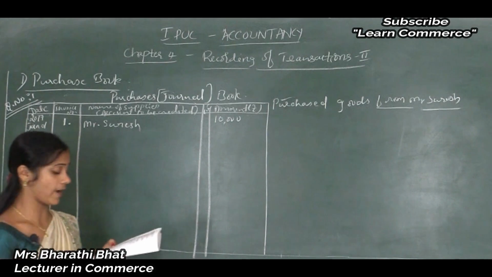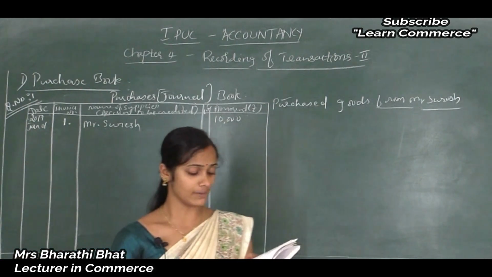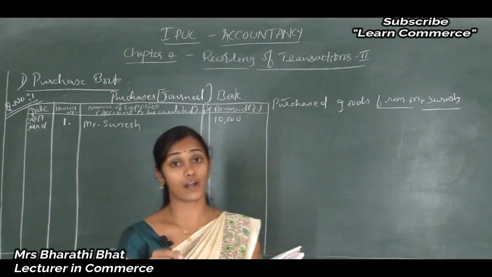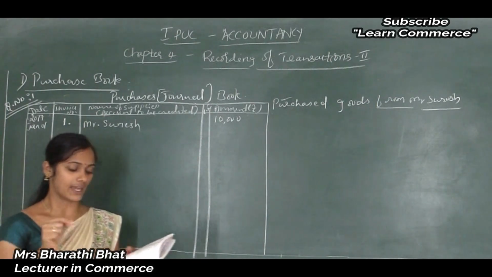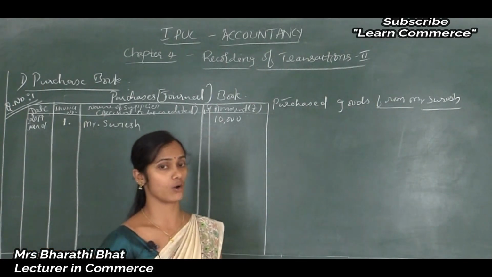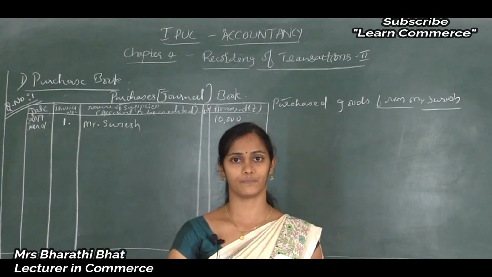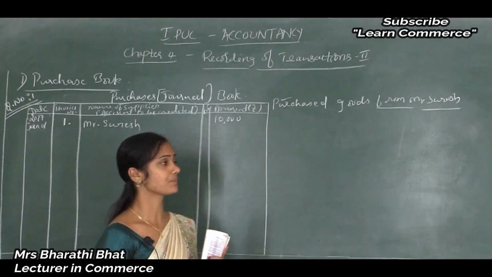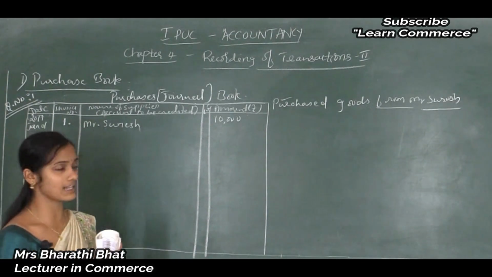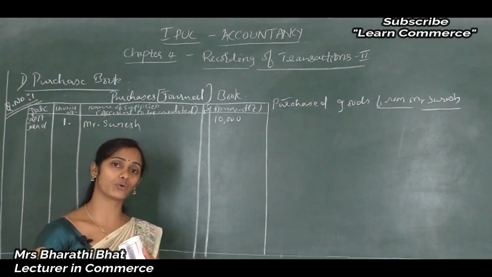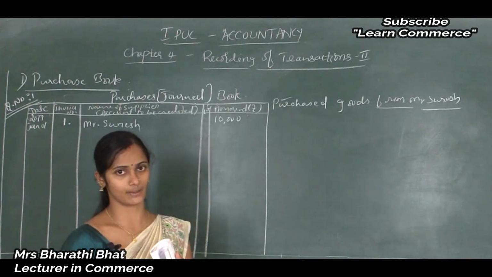And see the next one, January 9, credit purchase from Santosh for rupees 20,000 and less trade discount at 10%. When we purchase, trade discount is also given by the seller, so we have to deduct that amount.